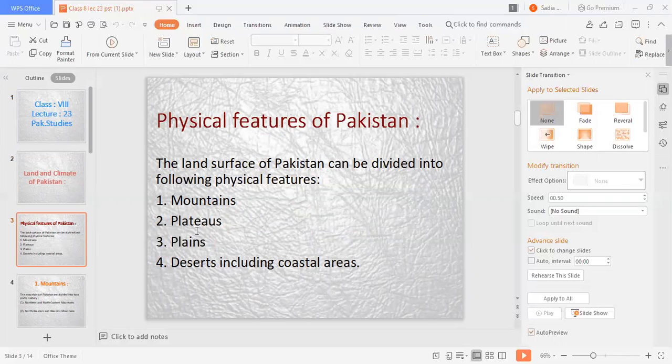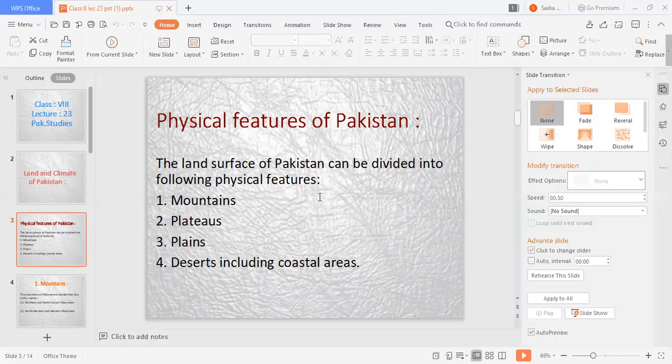Okay, so the land surface of Pakistan can be divided into the following physical features. As I told you, there are 4 physical features of Pakistan.